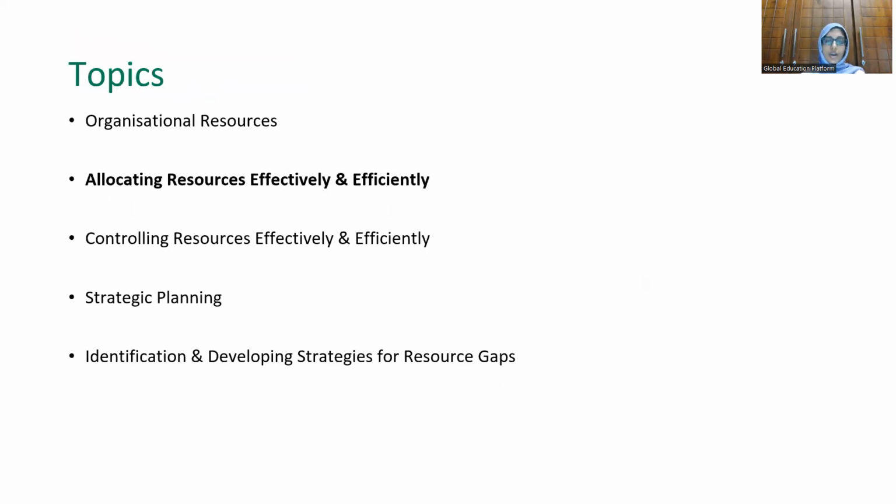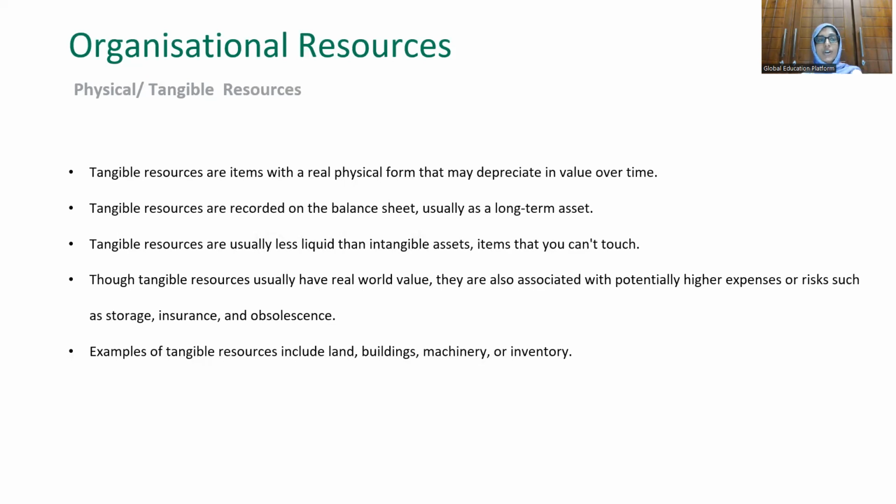So moving on. Okay, right. Before moving on, let me talk about the organizational resources. We talked about the four types of resources, and from the explanations, you will understand that all these resources are very important to run a company. All of them are dependent on each other, because without finance, a company cannot run.